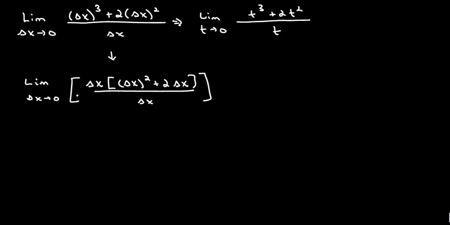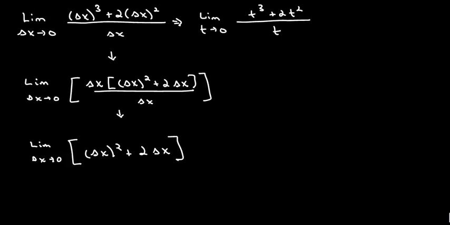Now I'm going to say that the limit is going to be equal to, now the functions themselves on the inside are not equal. Okay, but watch. I'm going to say that this is equal to the limit as delta x goes to 0 of, and what I'm going to do is I'm just going to cancel these guys out. And so this one above, you would write it just like this. You would leave that like this, and then you would say in your next step, this is equal to just delta x squared plus 2 delta x.